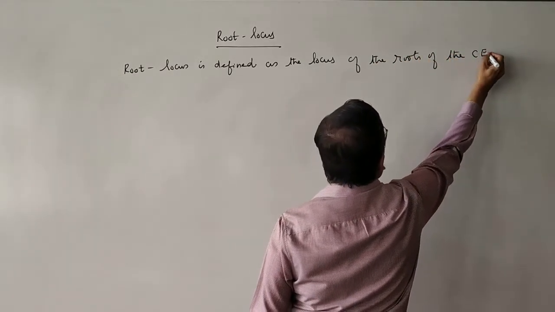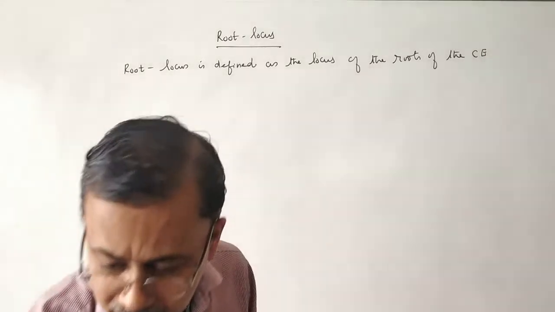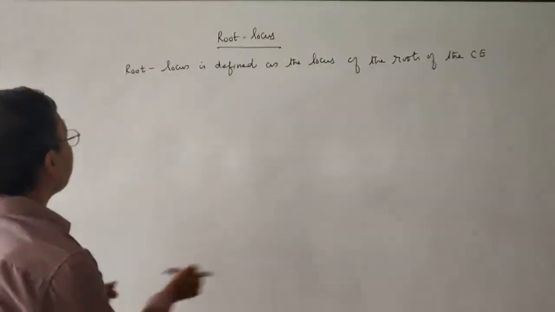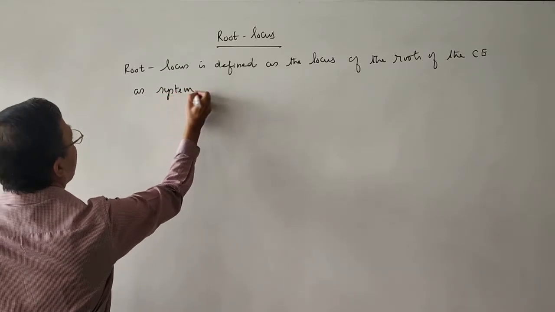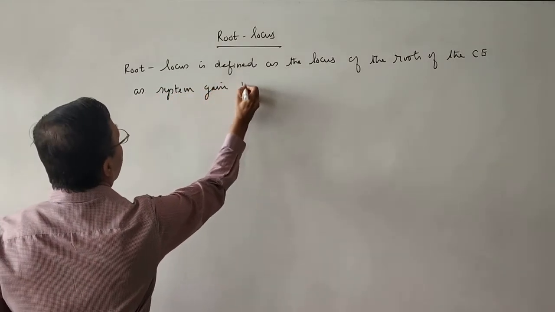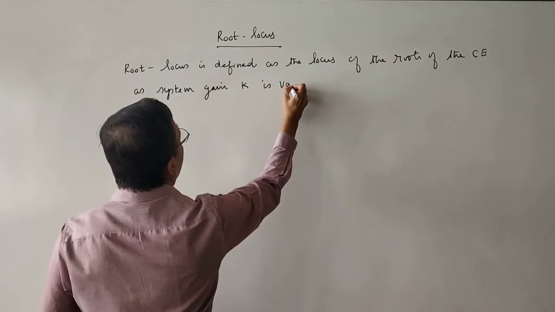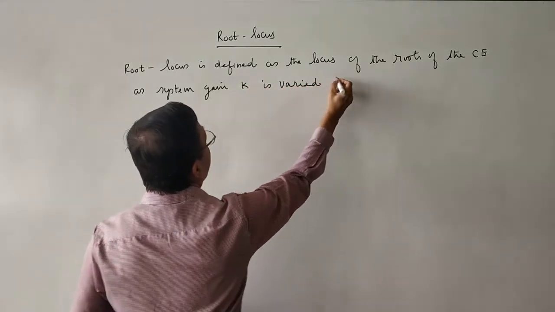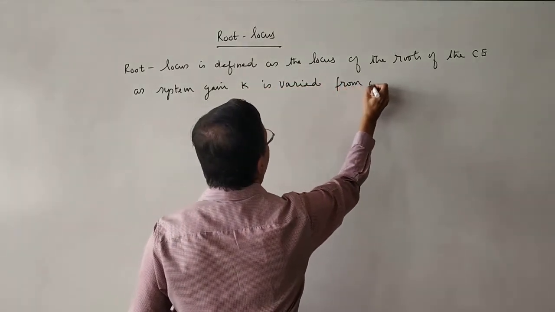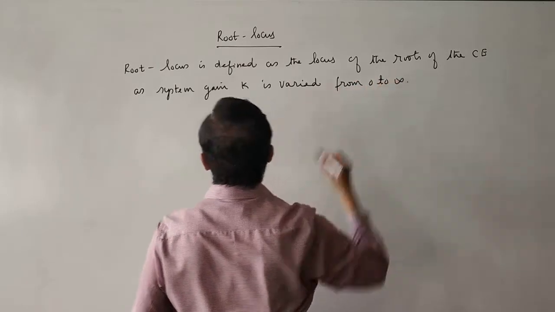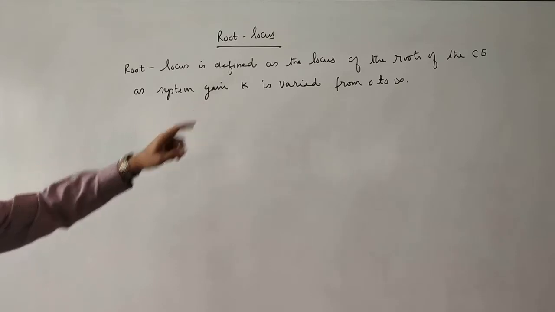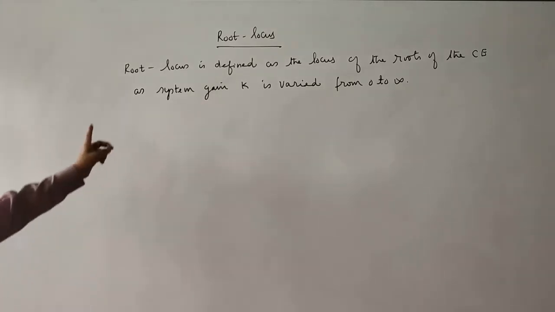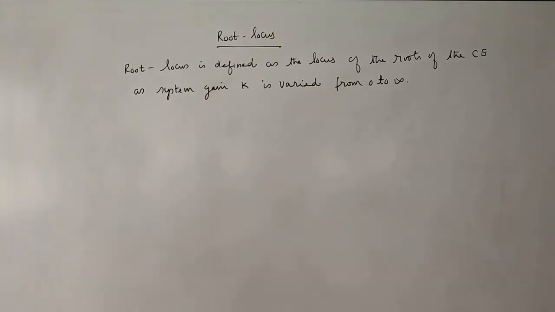Here, characteristic equation means the equation whose roots we track, as system gain k is varied from 0 to infinity. So root locus is defined as the locus of the roots of the characteristic equation as system gain k is varied from 0 to infinity.